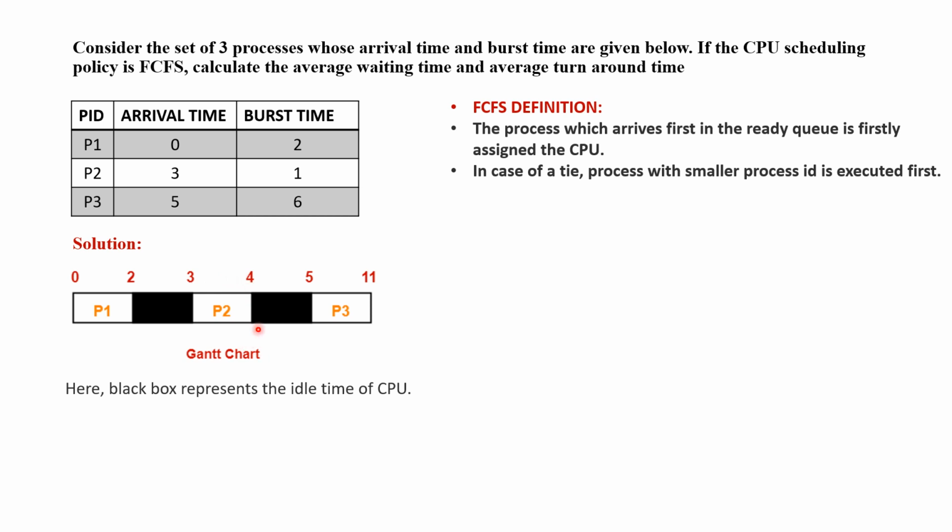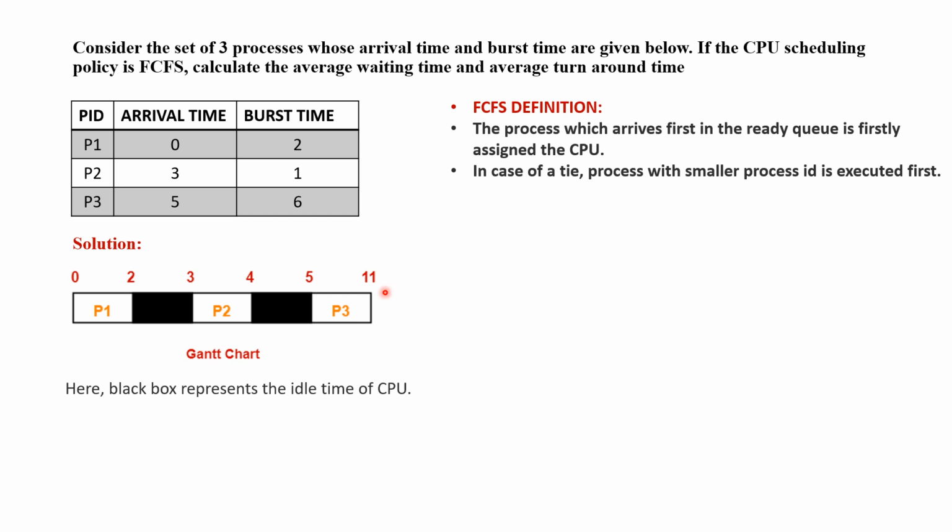After this, at the 4th second, if we see the table, we don't have any process because P3 comes only at the 5th second. So from the 4th second to the 5th second, the CPU is idle. In the 5th second, process P3 enters. It needs 6 seconds for execution, so add 6 to 5. Your exit time is 11. So at the 11th second, P3 completes its execution.